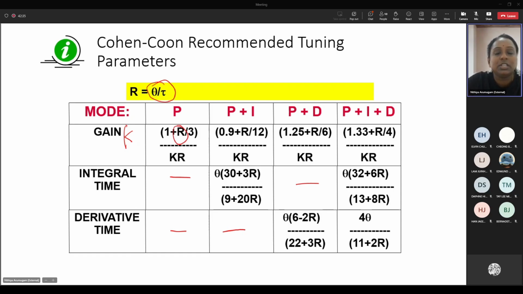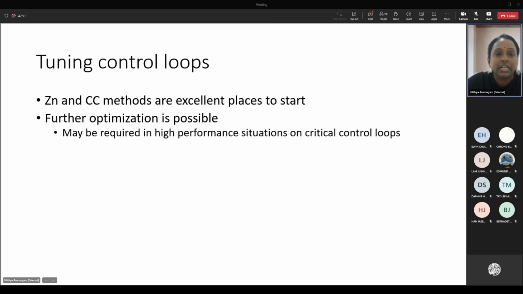The Cohen-Coon is just for our knowledge basically, because compared to the Ziegler-Nichols method, Cohen-Coon is not used that much. Ziegler-Nichols is more prevalent. When you are tuning control loops using Ziegler-Nichols and Cohen-Coon, both are very excellent ways to start with.